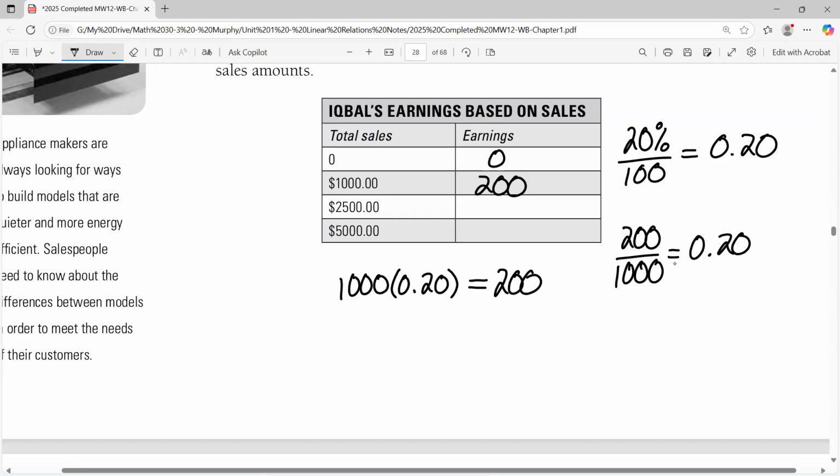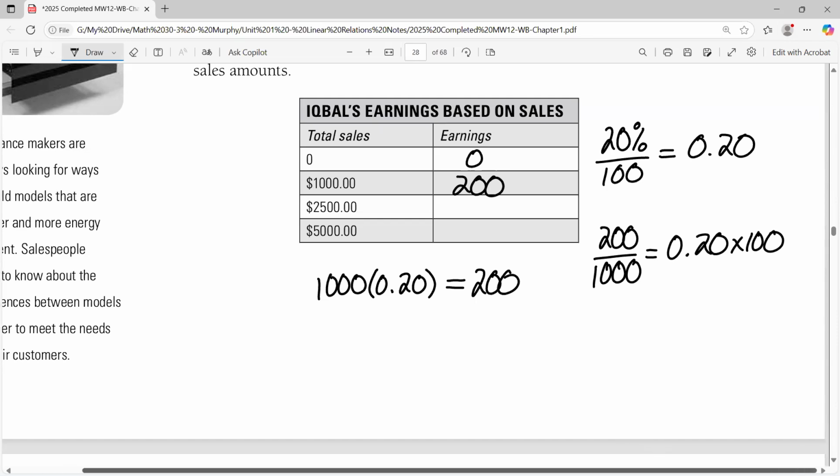And then to get the percent, you'd multiply by 100, and you end up with 20%. It's kind of like when you calculate what your score is on a test. Let's say the test was out of 1,000 and you got 200, you got 20%. Same idea.